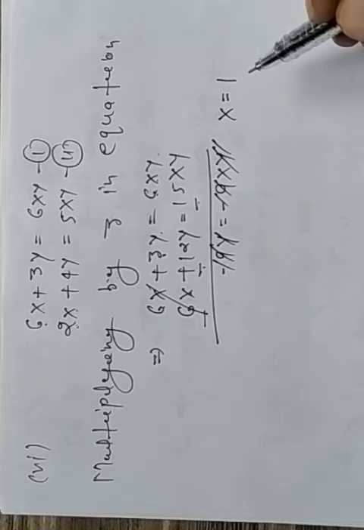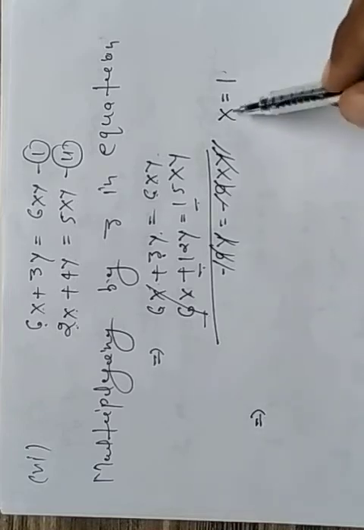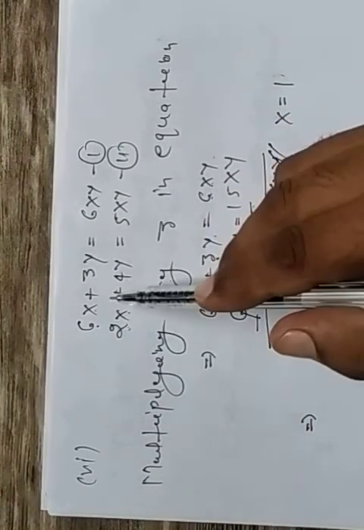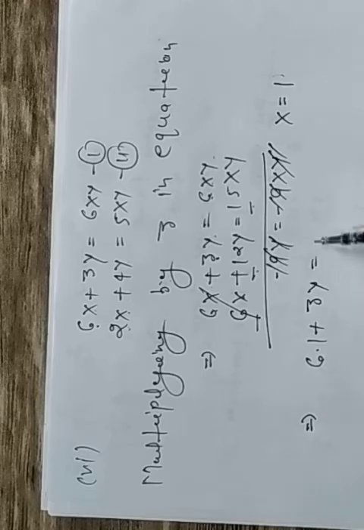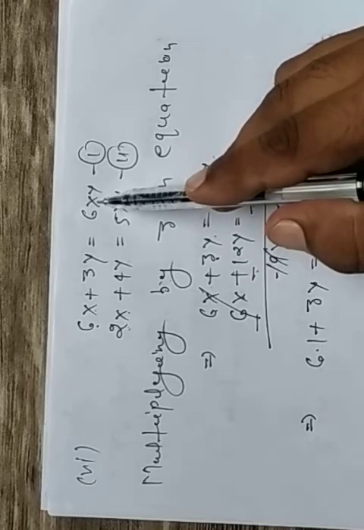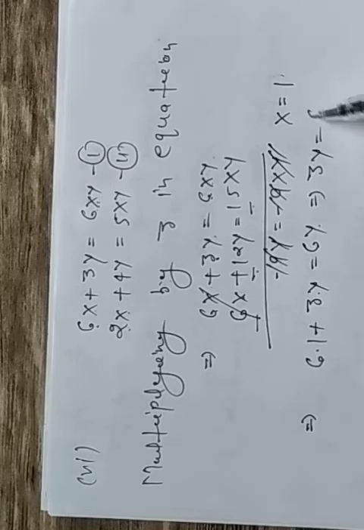Now when x is equal to 1, how can we find the value of y? We can put this value of x either in equation 1 or in equation 2. So 6 into 1 plus 3y is equal to 6y, which implies 6y minus 3y, 3y is equal to 6, which implies y is equal to 2.